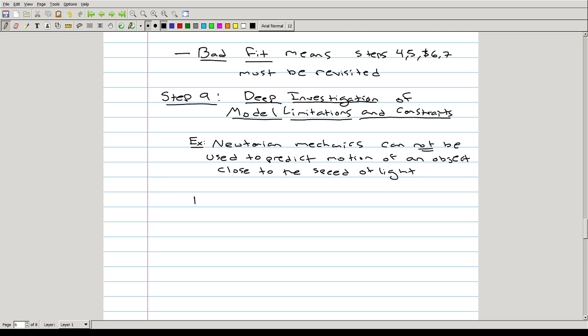Another good example that I'll revisit a little bit later on is the ideal gas law, which you will hopefully be familiar with from high school or from a chemistry course, if you're taking a chemistry course.